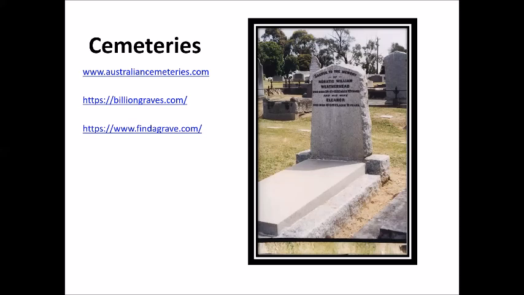And if you're really lucky, sometimes you even find a photograph of the headstone on the website. The Australian Cemeteries website has the Bunyip Cemetery, and that does include photographs. So it may well be that you don't have to travel all that way to find a headstone. But if you feel like going for a drive, once we're allowed, go to a cemetery and have a look and see what you can find of your ancestors.